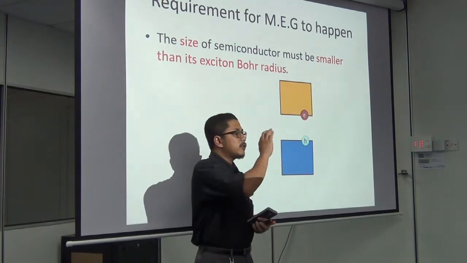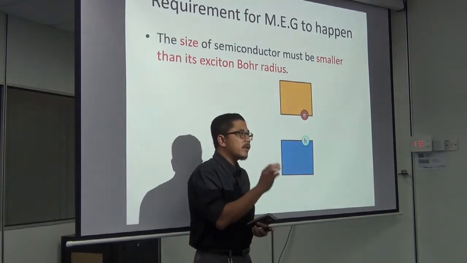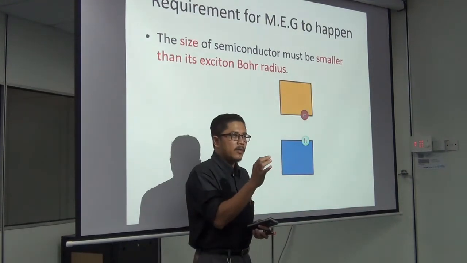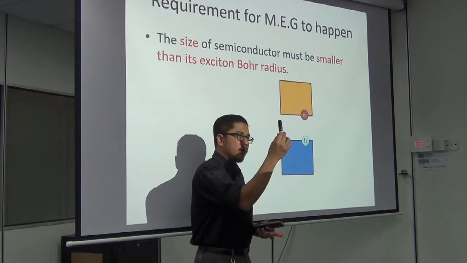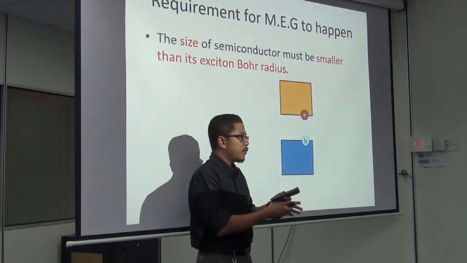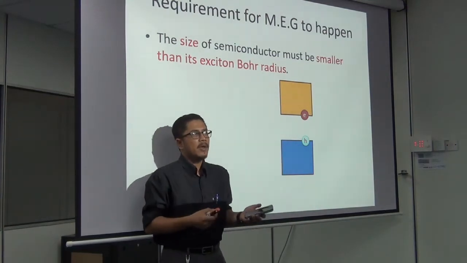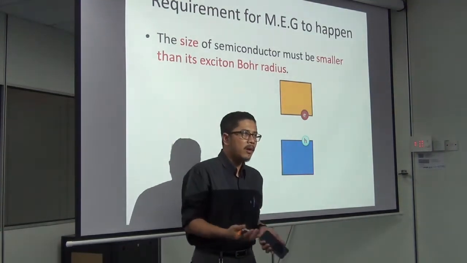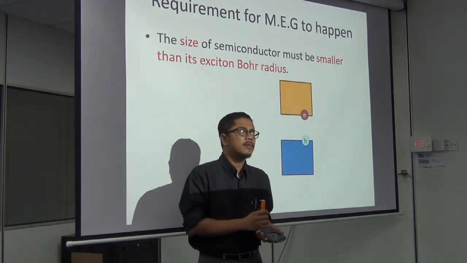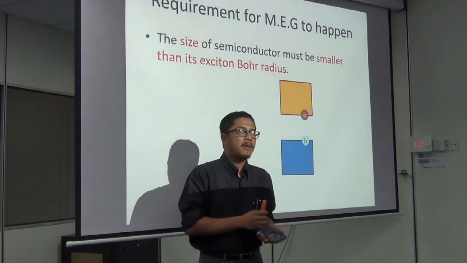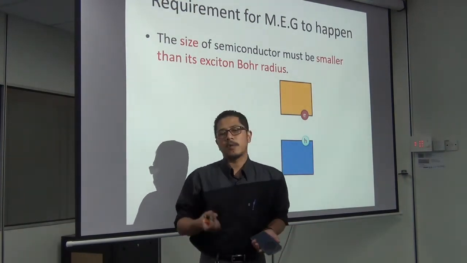If the material is extremely small, we call it quantum dot. This one nanorod, this one nanosheet. And we have so many other types of morphology. For example, nano flower, nano needles, multi-channel nanowire or nanowire, and so on and so forth.